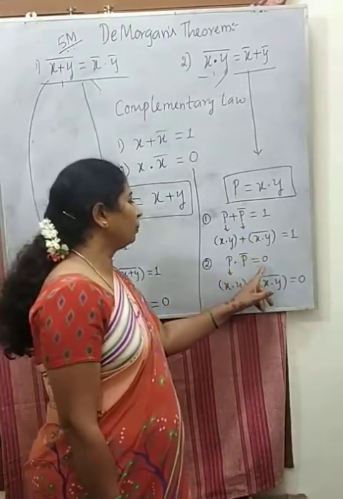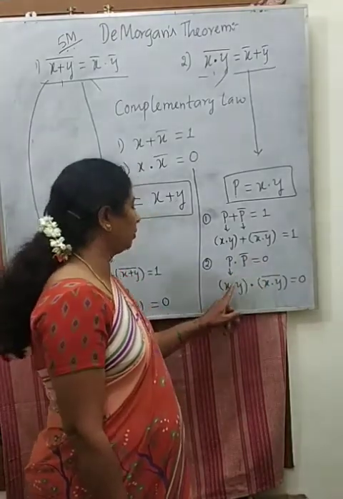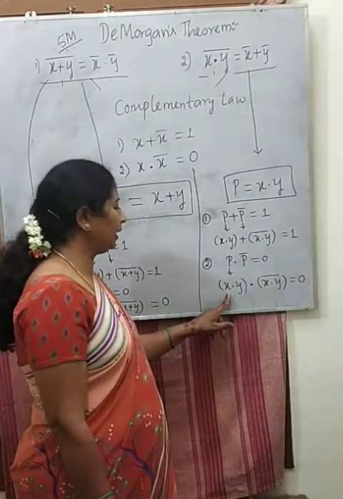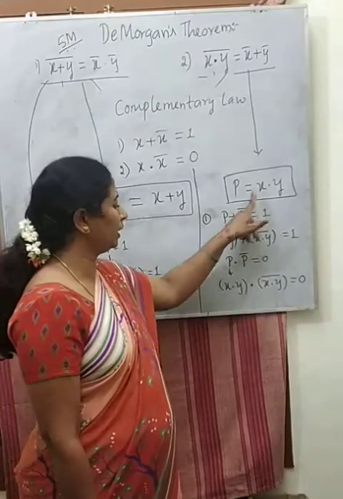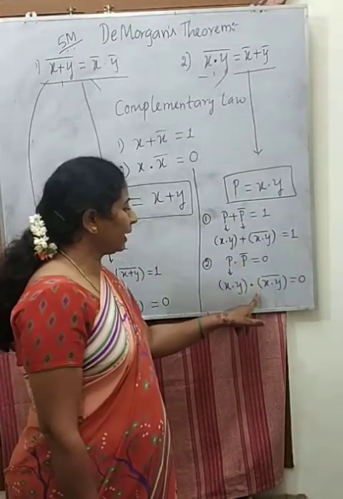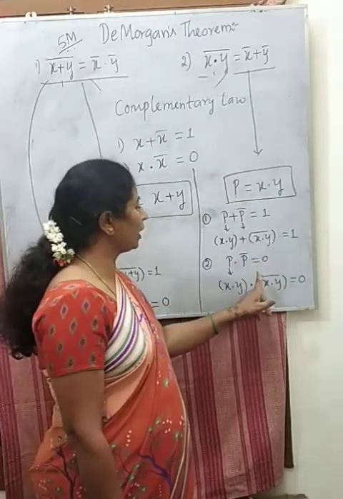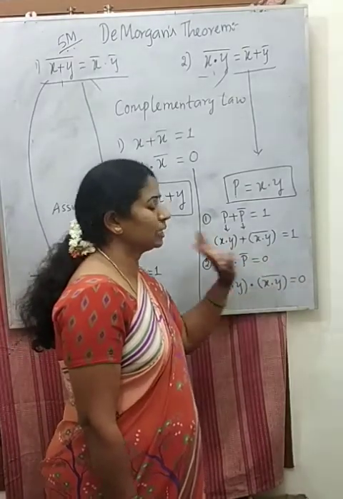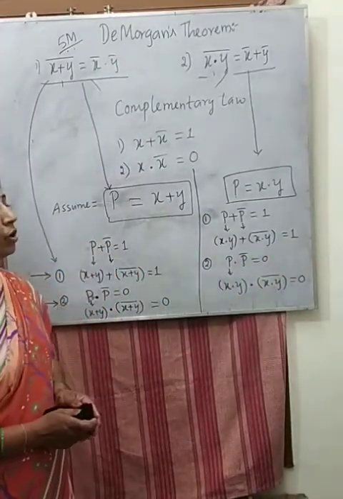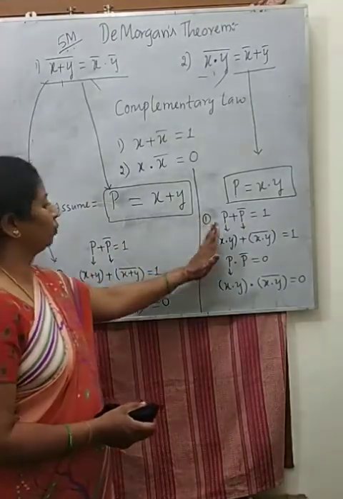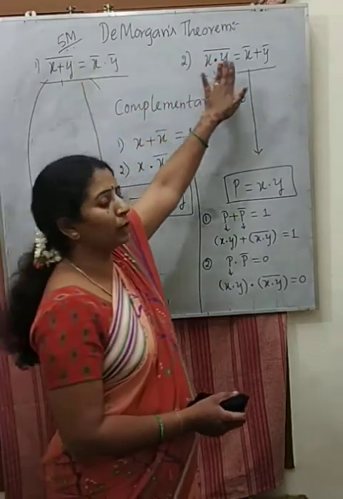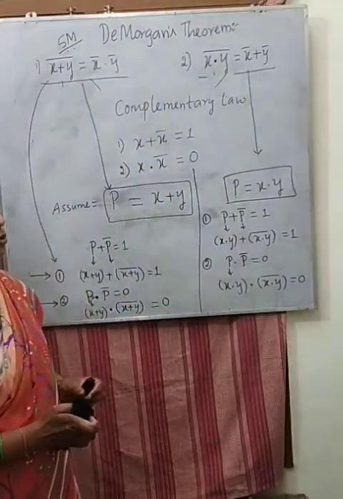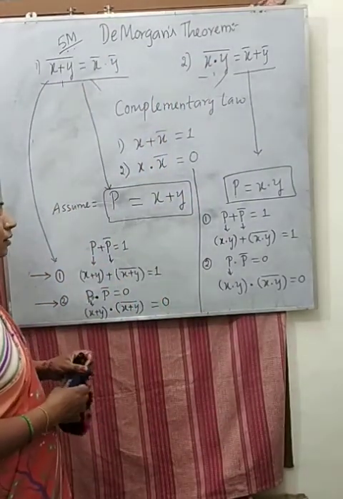P into p complement is equal to 0. So in the place of p, x into y. This dot will be as it is, x into y whole complement is equal to 0. By using these two assumptions, we need to prove both theorem number 1 and theorem number 2 in De Morgan's theorem.